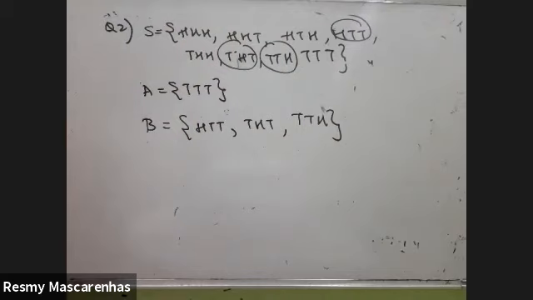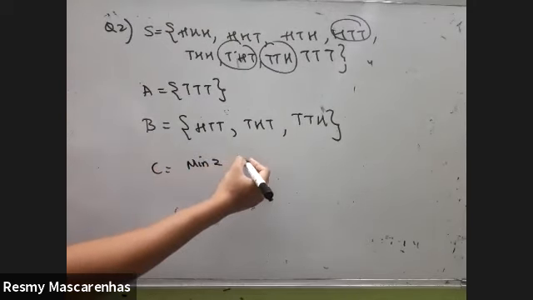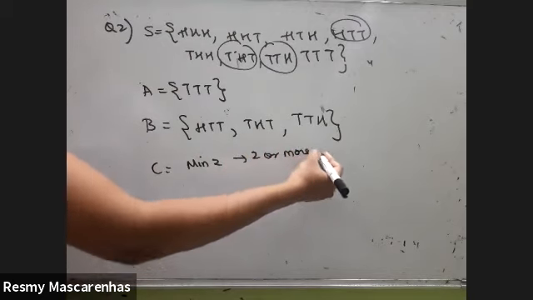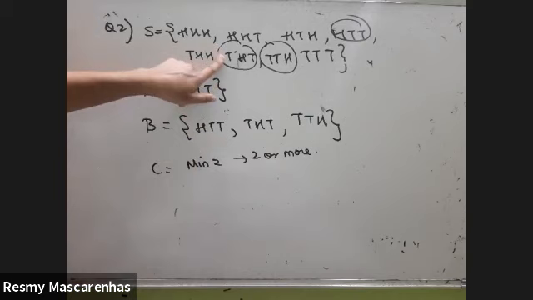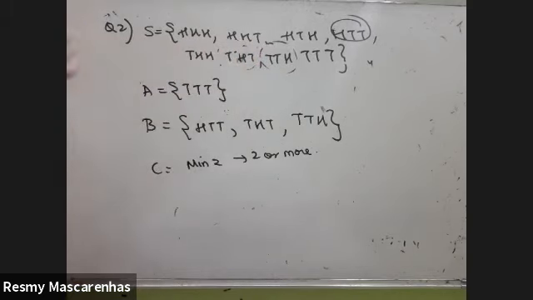Then C. At least 2 heads appear. At least means minimum 2. What it means? 2 or more. Even more than 2 is okay. So minimum there should be 2. So this will not be there.